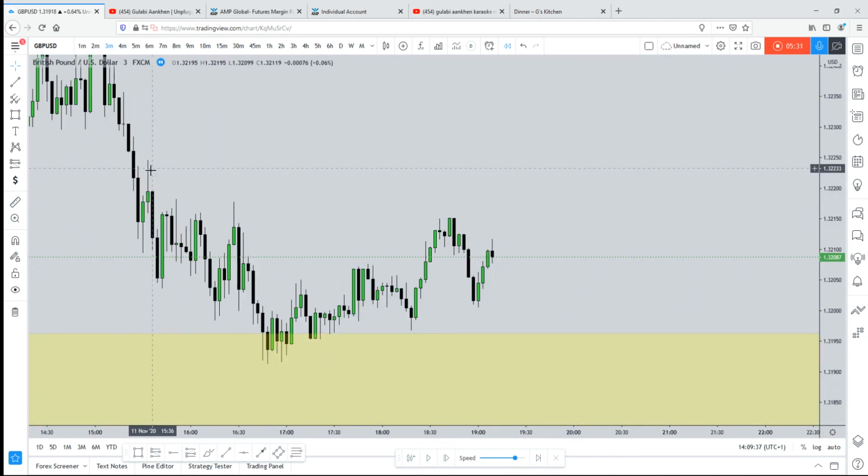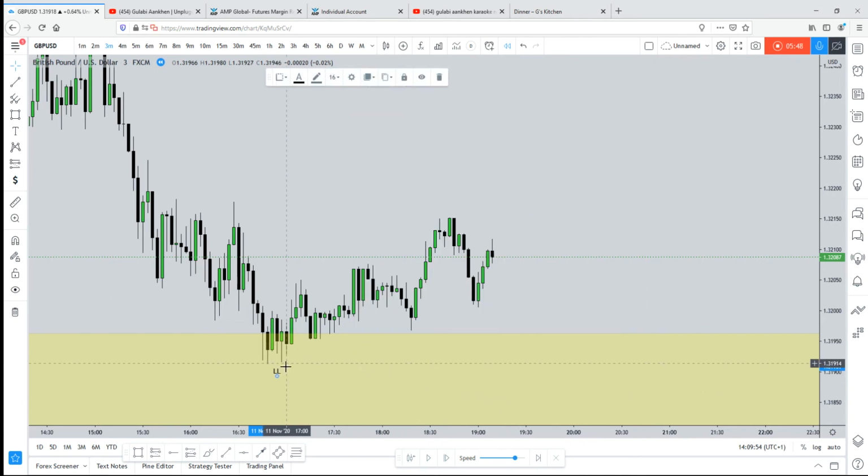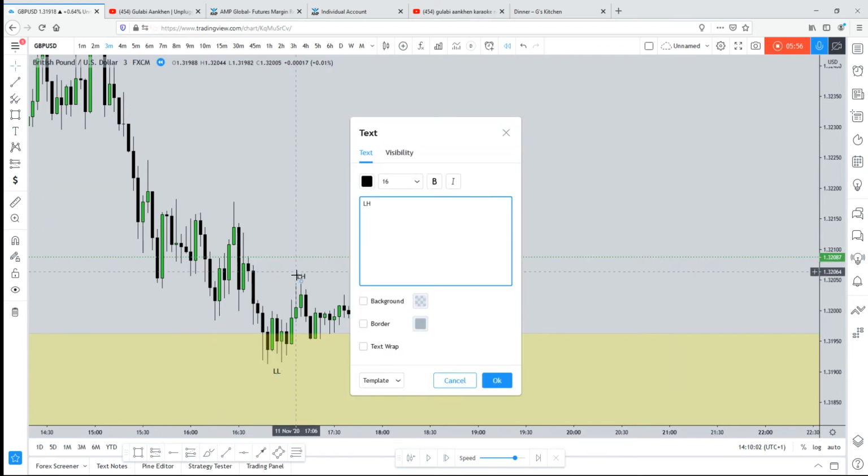The price was making lower high, lower low, lower high, lower low, lower high. But see, price cannot make a lower low, because the last lower low is this one. After that we get a lower high, and this was the last lower high.